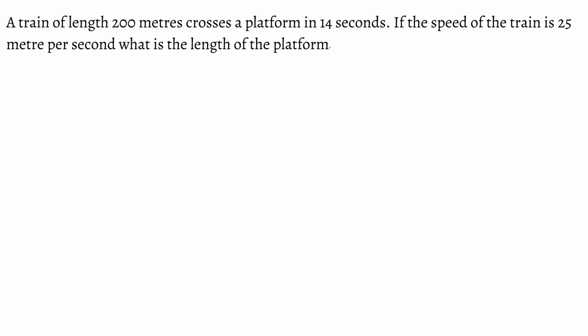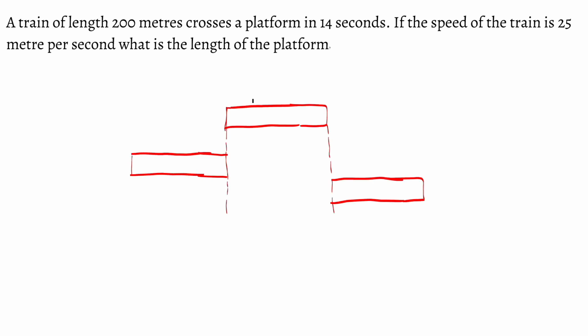Now let's take the second case, that is the stationary body with a definite length. Let's say this is a platform. The length of the platform is represented as LP. Now this is a train and the length of this train is represented as LT. When this train crosses this platform, after crossing, the position of the train is here.